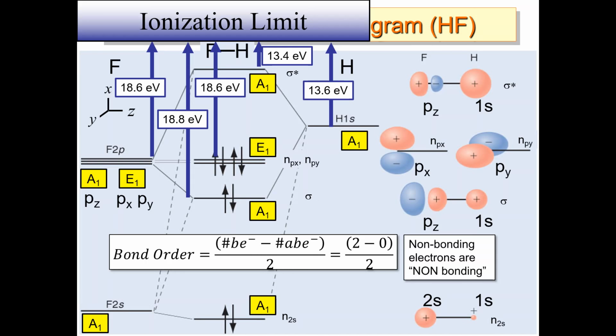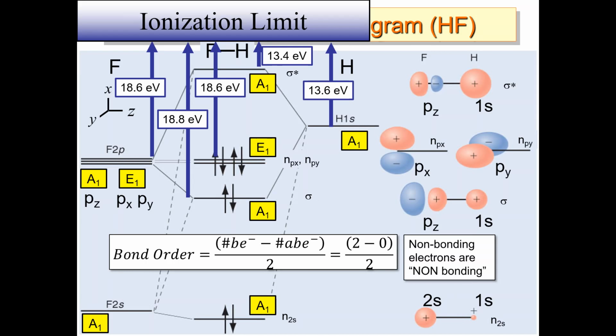So these non-bonding orbitals on the fluorine are the highest occupied molecular orbitals. That's the HOMO, the highest occupied molecular orbital, the non-bonding orbitals on the fluorine. That's what HOMO stands for, and that's a vocabulary word in your homework that I just posted this morning.